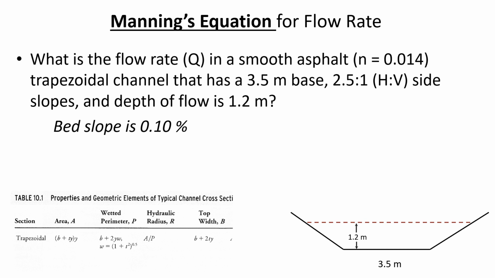So W is, in our case, 1 plus T squared, so it's going to be 1 plus 2.5 squared, and then all of that is to the 1/2 power. So find W, then with W you'll be able to find the wetted perimeter. Make the substitution for width, side slope, and depth, and let's see if we can find the flow capacity of this trapezoidal channel.